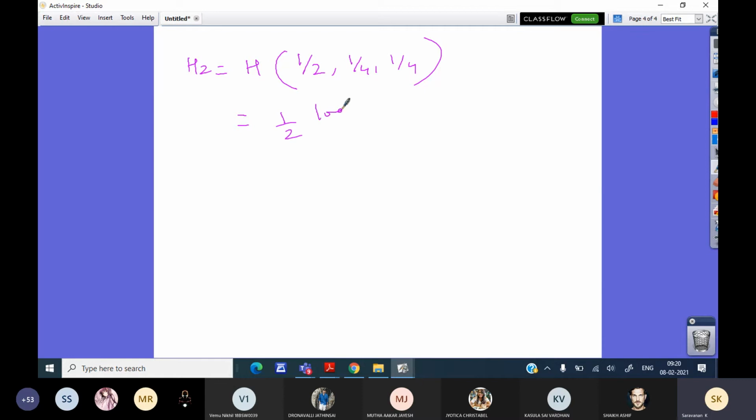So 1 by 2 log 2 base 2 plus 1 by 4 log 4 base 2 plus 1 by 4 log 4 base 2. Can you tell me your value? 3 by 2. Yes, 2 by 4 plus 2 by 4 plus 2 by 4 is 3 by 2. Very good. So it is 1.5 bits per symbol.